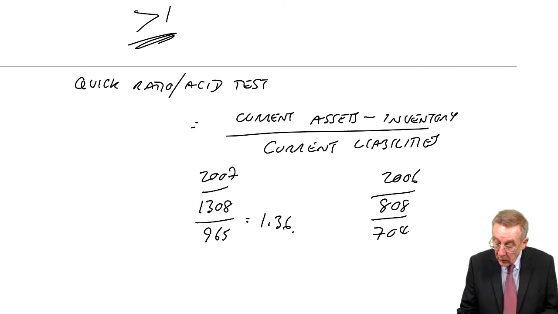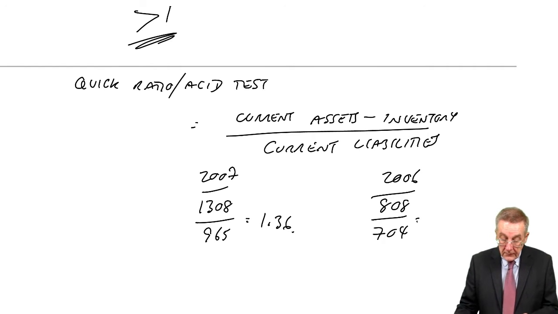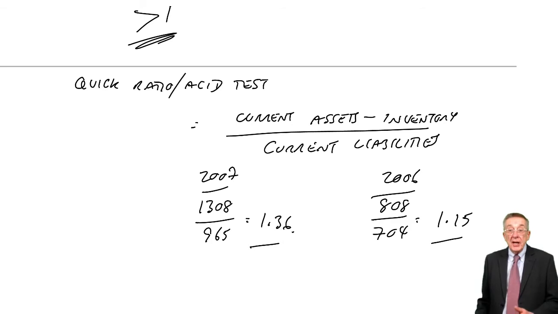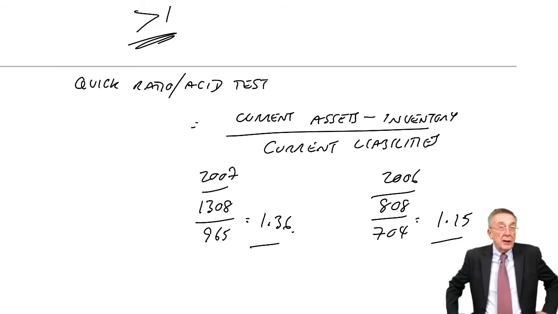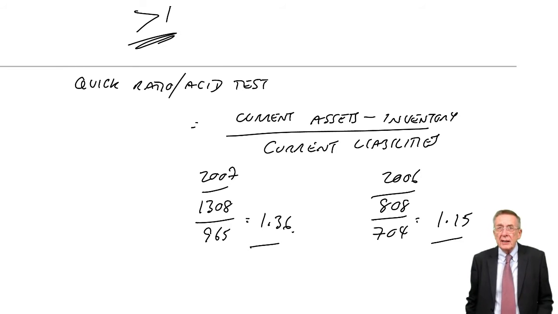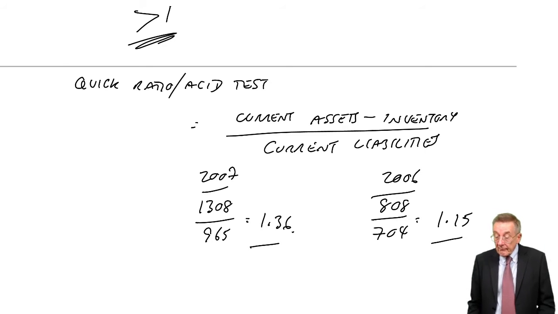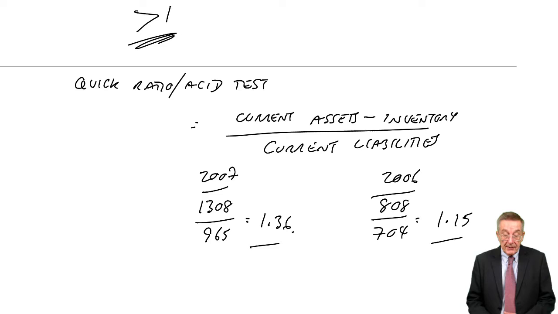Liabilities 704. 1.15. Well, if you've understood a single word I'm saying, you'll appreciate this is always going to be lower than the current ratio. You'd always expect it to be closer to 1, and even if it was slightly below 1, maybe we wouldn't panic. Here, well, it seems okay, it has improved a bit. They should have no problem paying the liabilities.